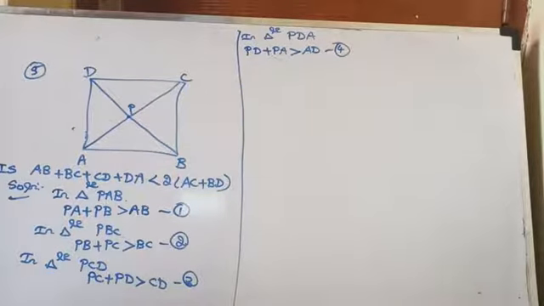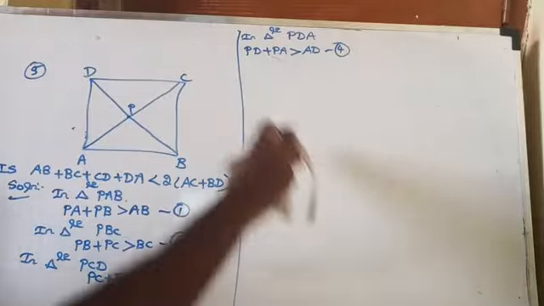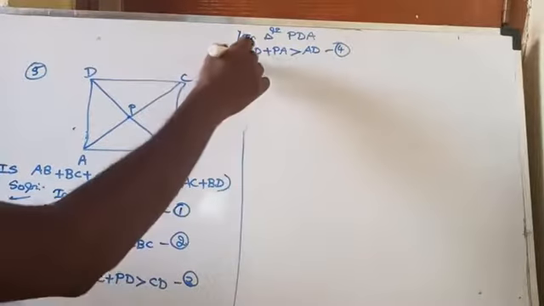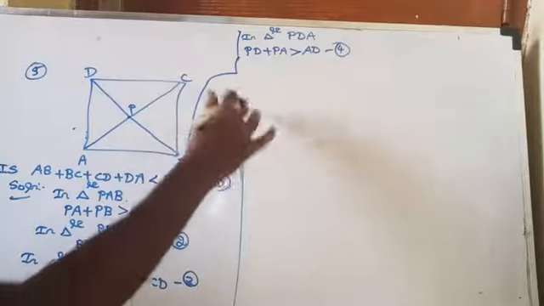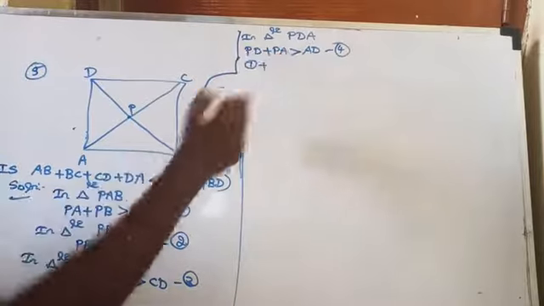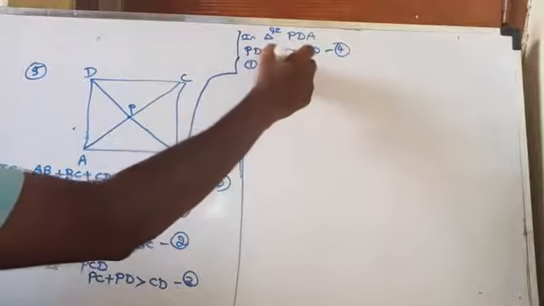Am I right? Now, what can you do? You can add all four equations, that is 1 plus 2 plus 3 plus 4.